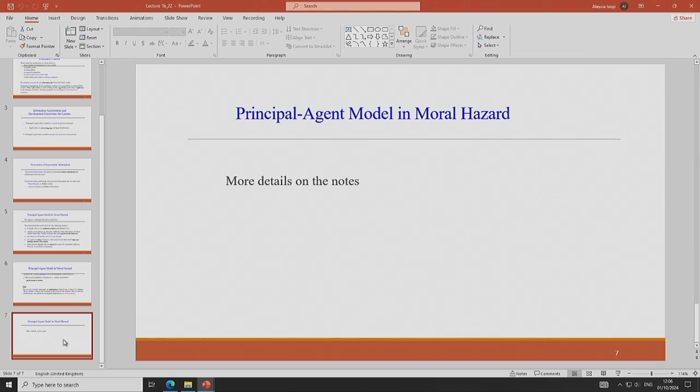Okay? The production is going to be labeled by Q, and Q can be Q upper bar or Q lower bar. We can write it also like this.